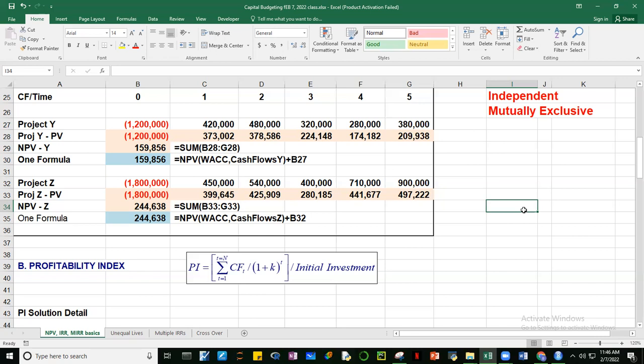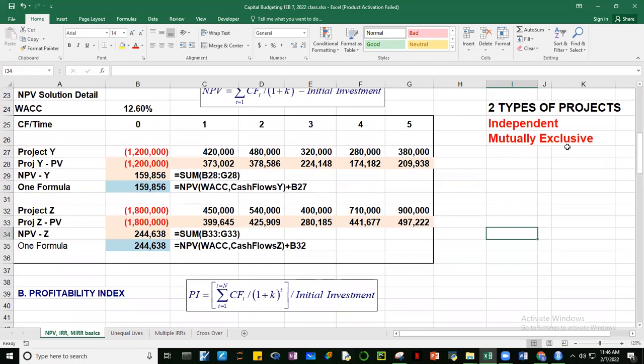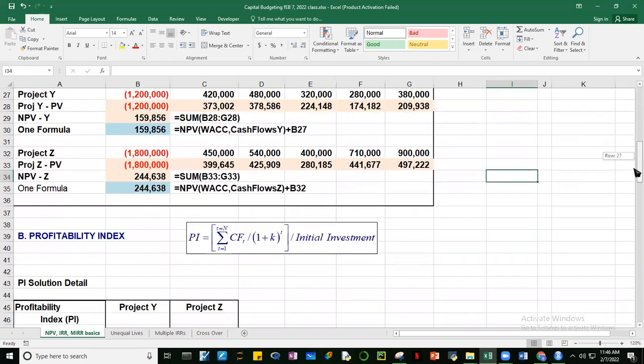Sabihin natin, we're choosing between two equipment. Parehong use nila. So if these are mutually exclusive, then project Z yung pipiliin natin. Okay, any questions about this, guys? None, sir. Okay, thank you.